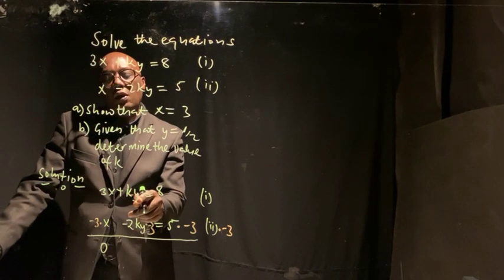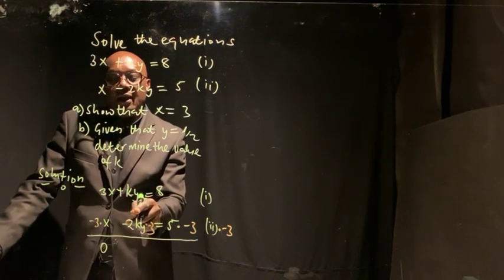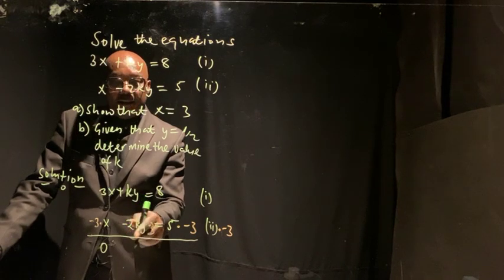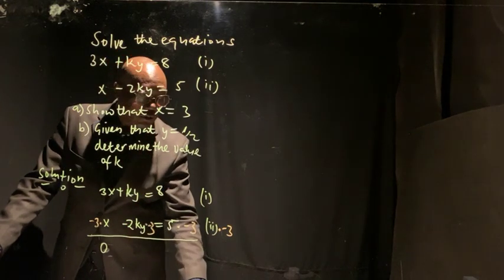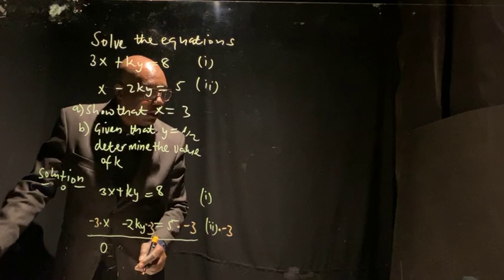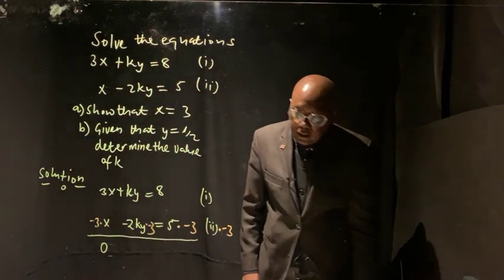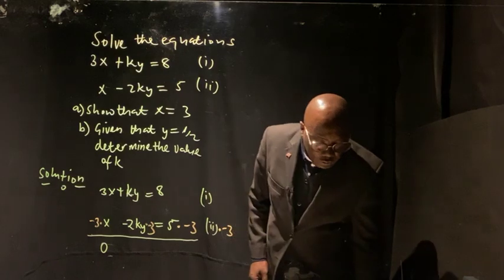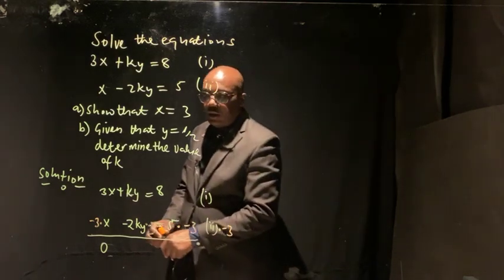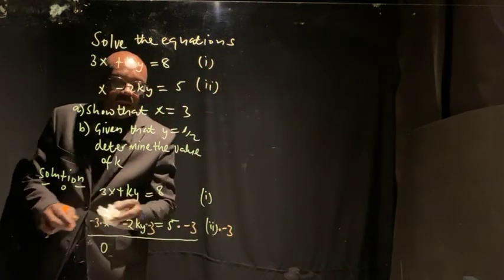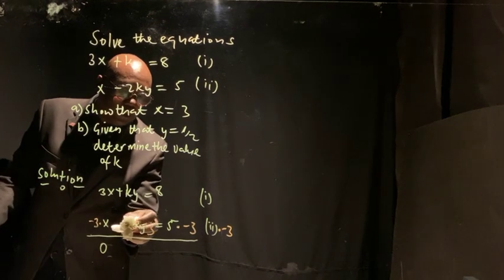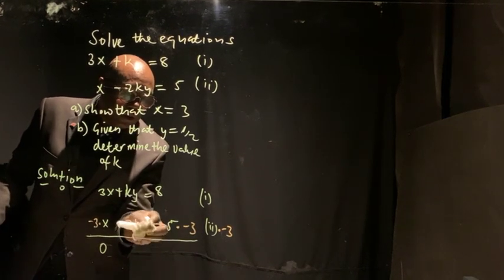Then we have ky, though this shouldn't be, we should make this one. Let me check my screen whether you see everything clearly. The 2ky wasn't so clear, but I'll try to make it clear so that you can see it properly.